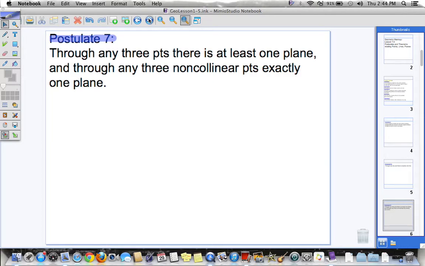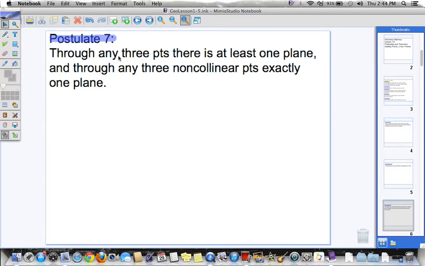Postulate 7: through any 3 points, there is at least one plane. This is kind of related to postulate 5, but let's read on. It says through any 3 non-collinear points, exactly one plane.